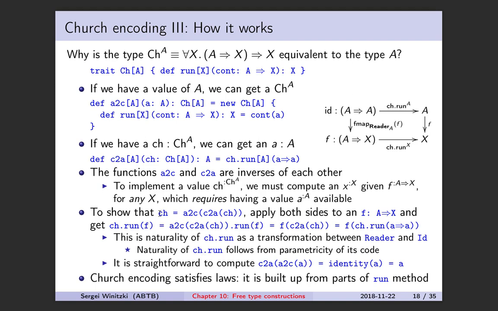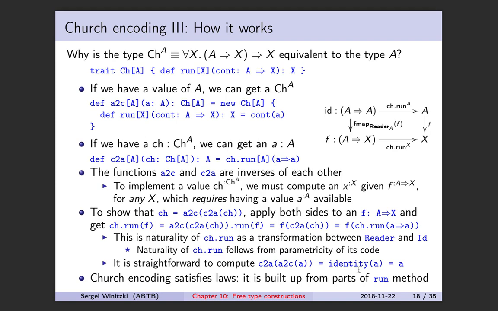In the same way as this function is equal to that function, which we verify by calling these functions, applying them to a specific arbitrary argument, a law for a type class means that you need to run the church encoding and then compare the results.